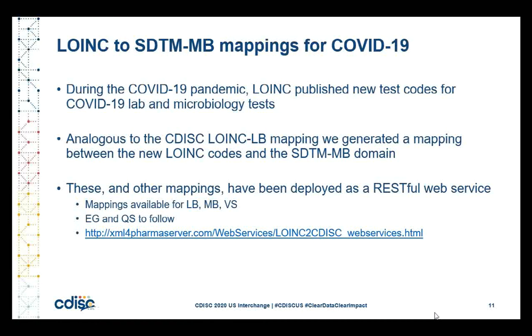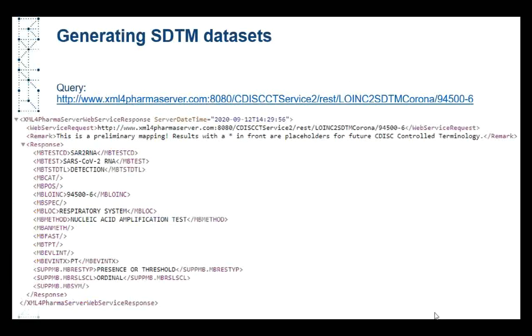Similar to the LOINC LB mapping, we generated a mapping between these LOINC codes and the SDTM microbiology domain. Also, these have been made publicly available through a RESTful web service. In this slide, you see such a REST request at the top and the answer with the mapping from the server as XML.